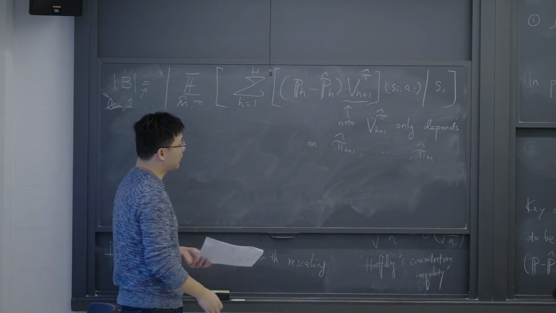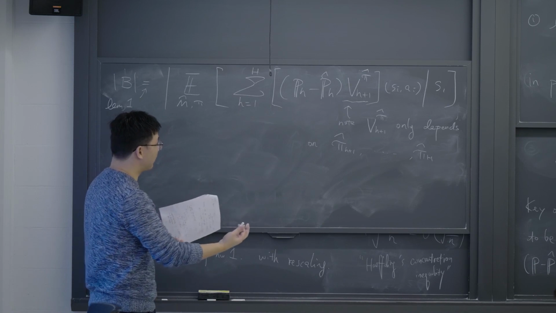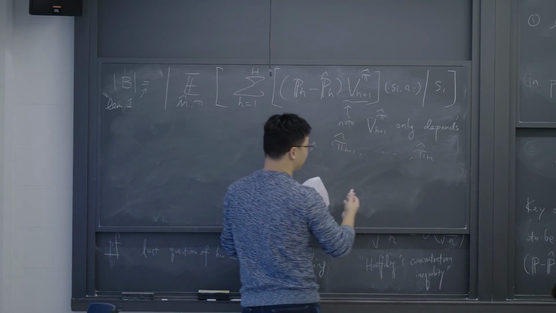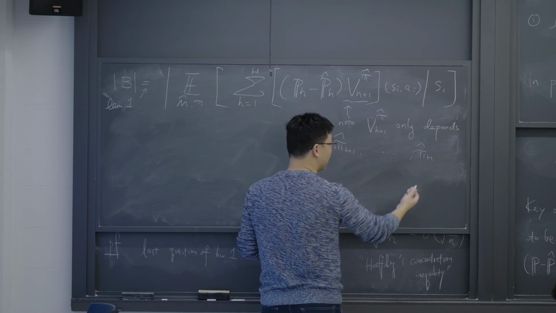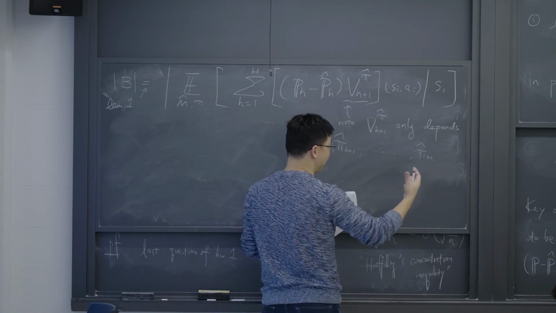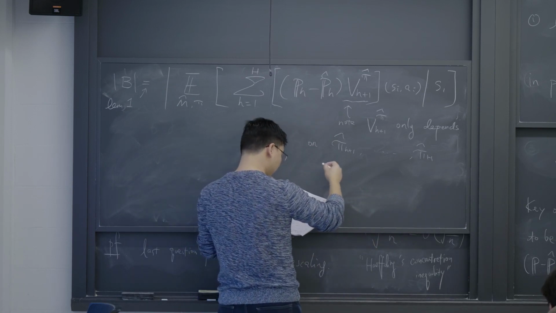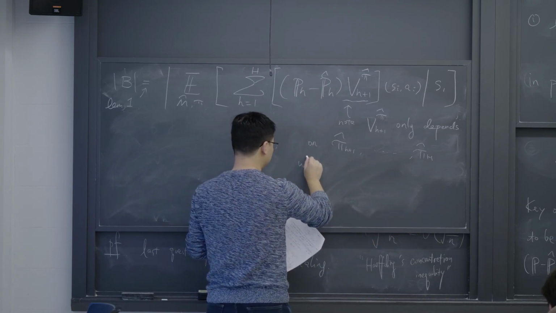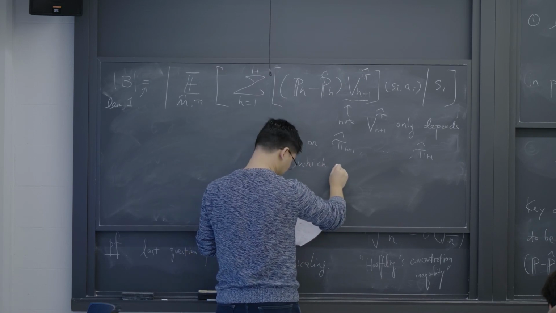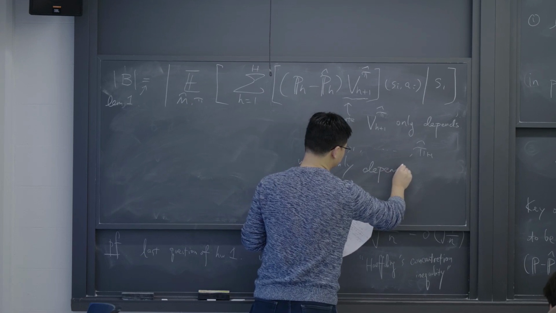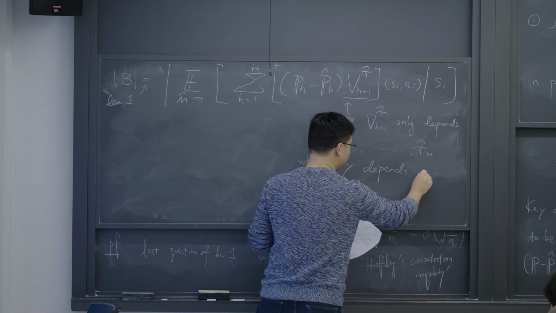The next thing is we observe value iteration is dynamic programming from back to front. So we calculate this pi hat h using only the data that comes after h. That means the computation of those policies only depends on the randomness in the later steps.